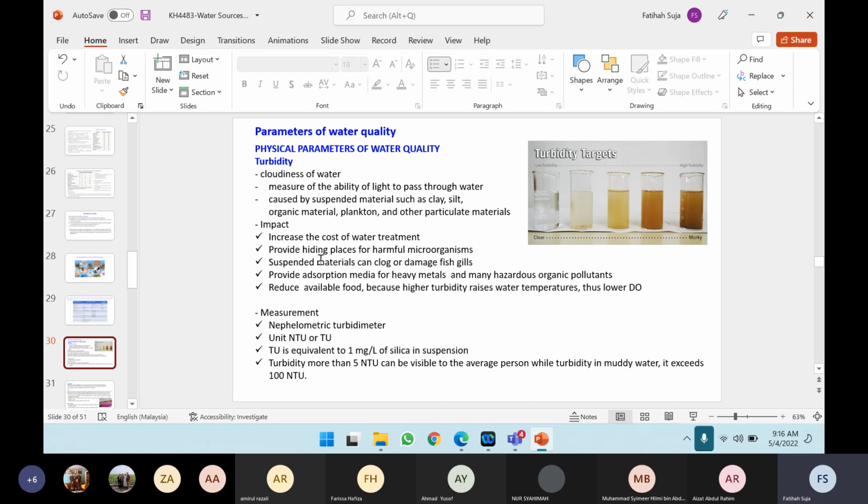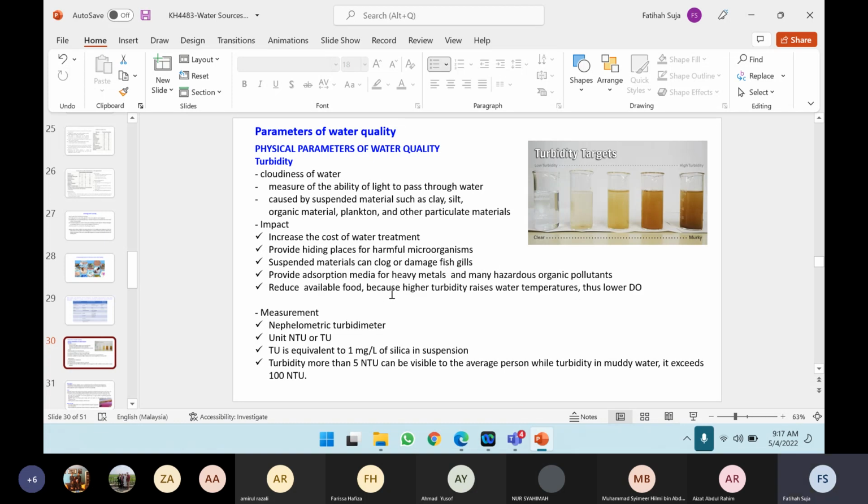First, it will increase the cost of water treatment because it is suspended material. It provides hiding places for harmful microorganisms. Suspended materials can clog or damage fish gills, provide absorption media for heavy metals and many hazardous organic pollutants, and reduce available food, because higher turbidity raises water temperature and thus lowers DO.